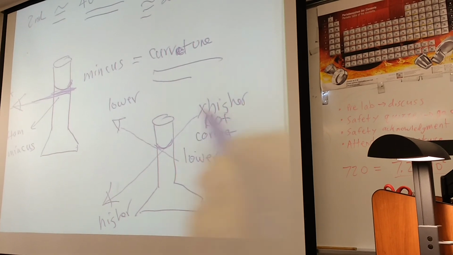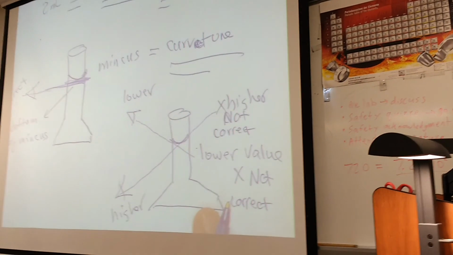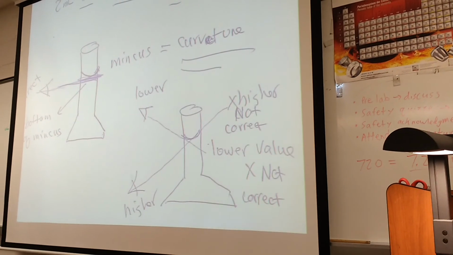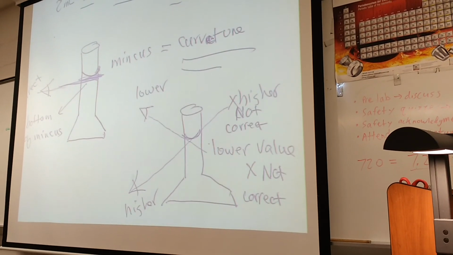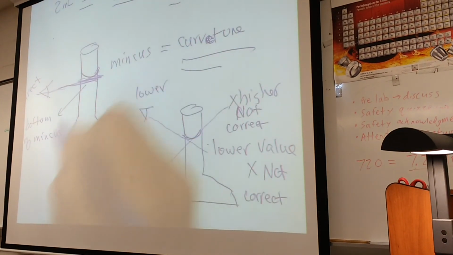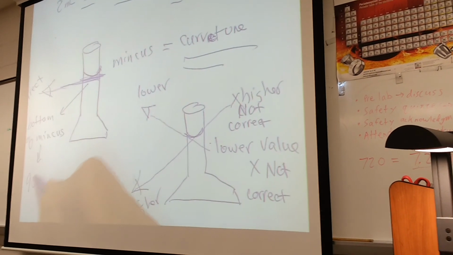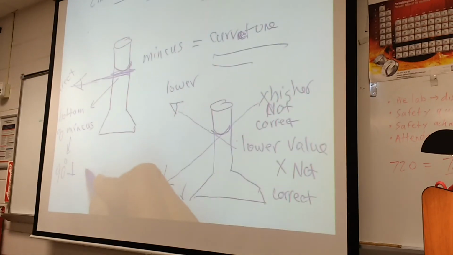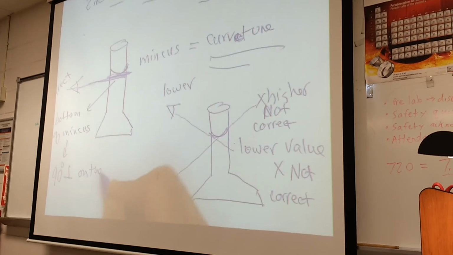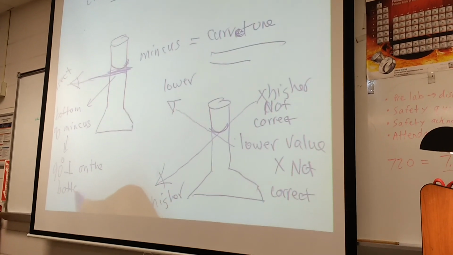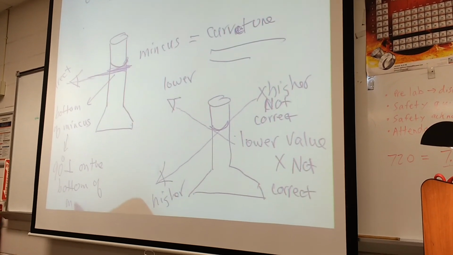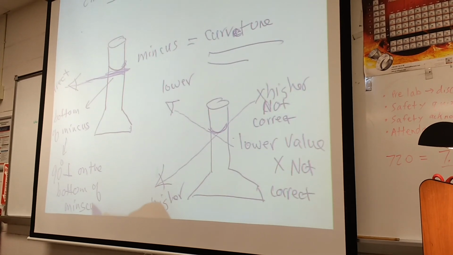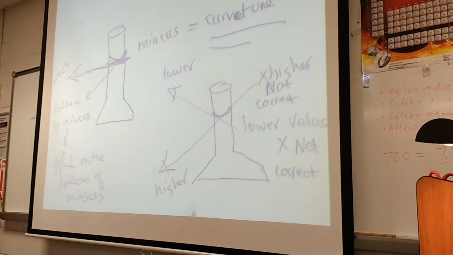So it has to be what? It has to be 90 degrees perpendicular to the meniscus. So 90 degrees, here it is, 90 degrees perpendicular to the bottom of the meniscus. And this is just mentioned here in the discussion.